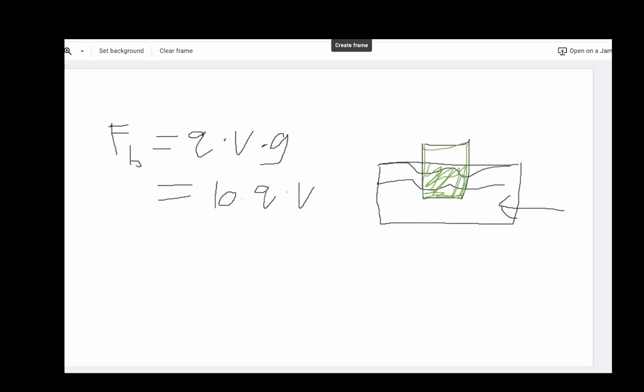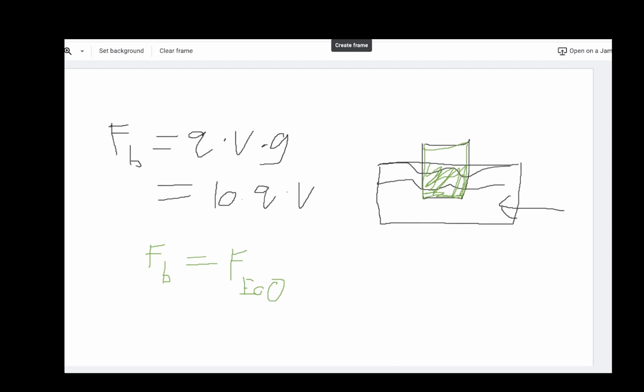So when an object floats on a liquid, that means the force of buoyancy equals the force of Earth on the object. Sorry, it will be water on object, because buoyant force is a third law pair, which you know from last year.